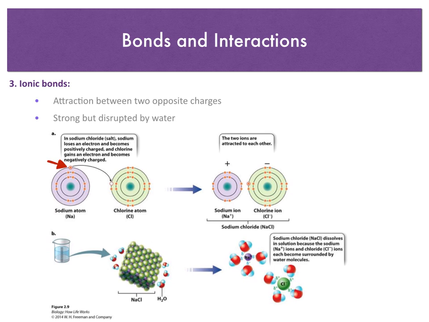So here again you see the electron that is single but stolen by the chlorine atom, and it will form the salt when the interaction between the plus and the minus is in contact.